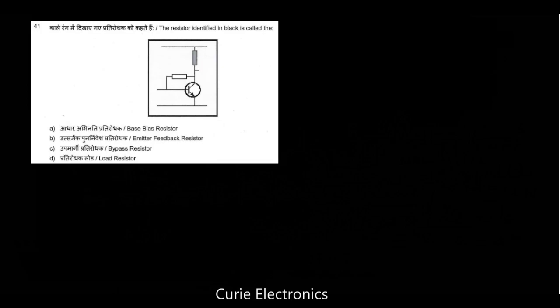The resistor identified in black is called... See, this is the load resistor, because it is connected on the collector of the transistor. Load resistor is the answer. But what is this other resistor? This is a feedback resistor. So the answer is a load resistor.